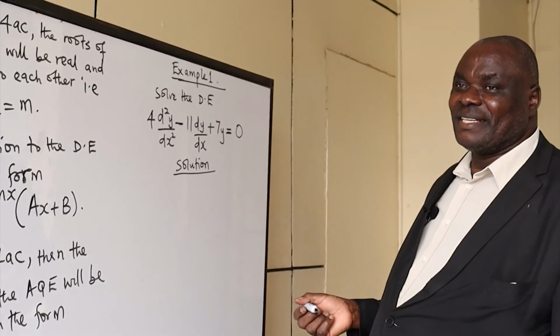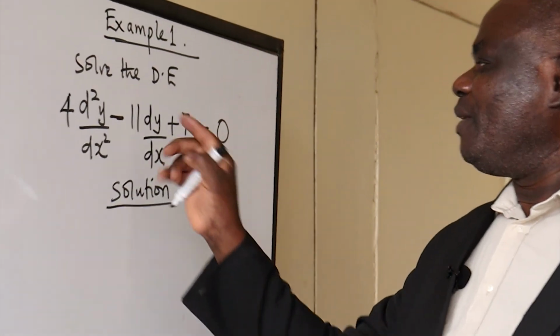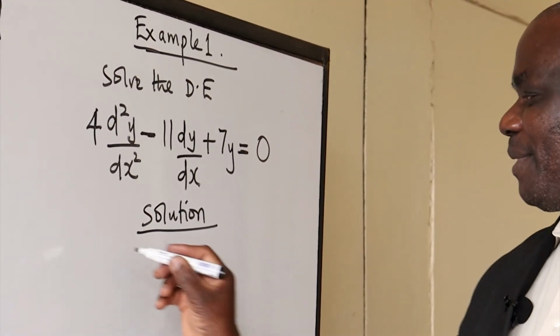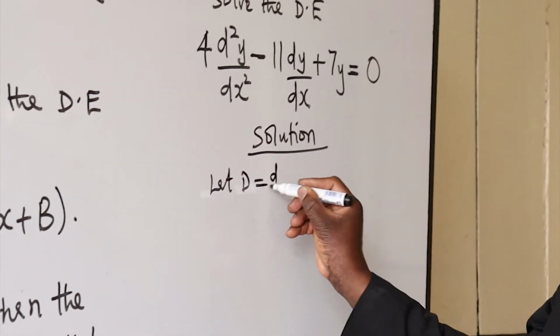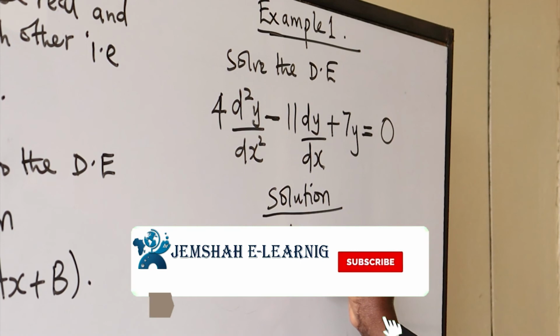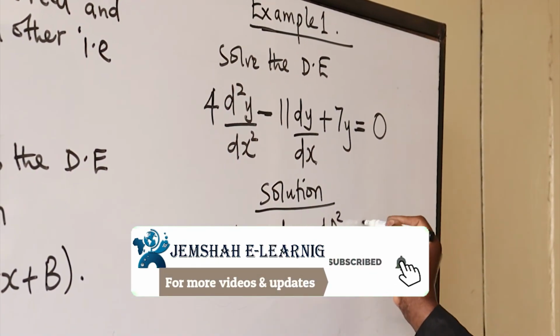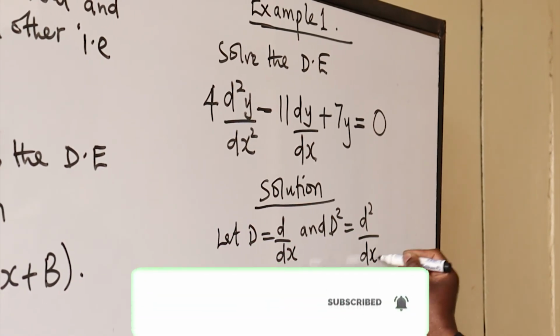In our solution, we let D be equal to d dx and D squared to be equal to d squared dx squared.